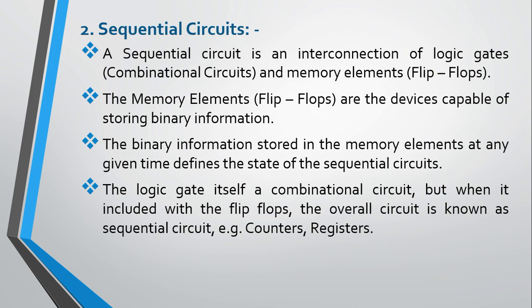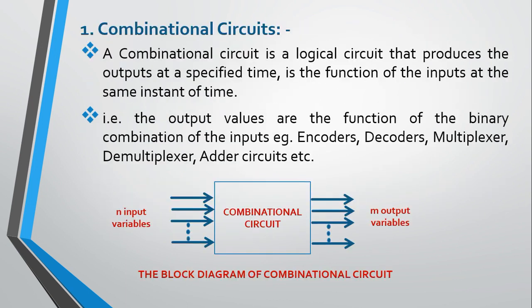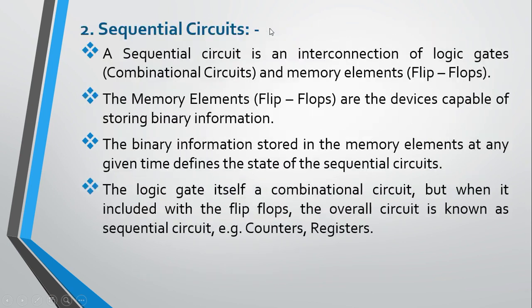See, what are examples of combinational circuits? Encoder, decoder, multiplexer, demultiplexer and adders. Right? The last one is adders over here. So these are all examples of combinational circuits. Examples of sequential circuits are counters and registers.